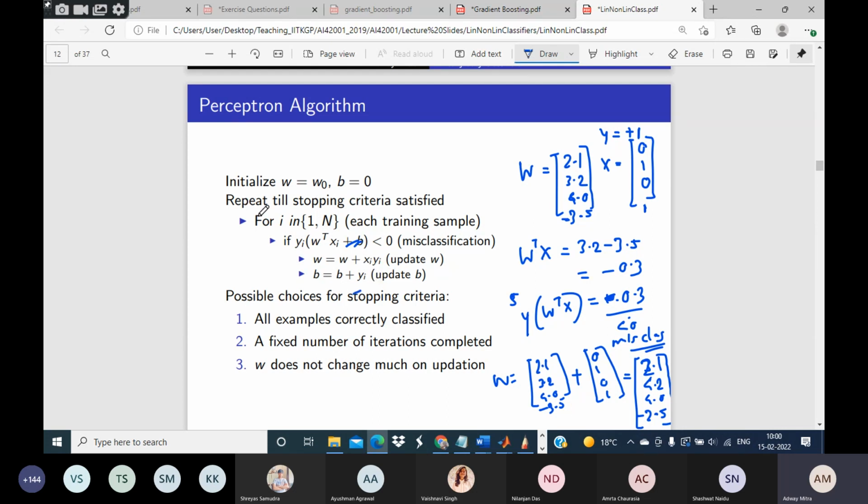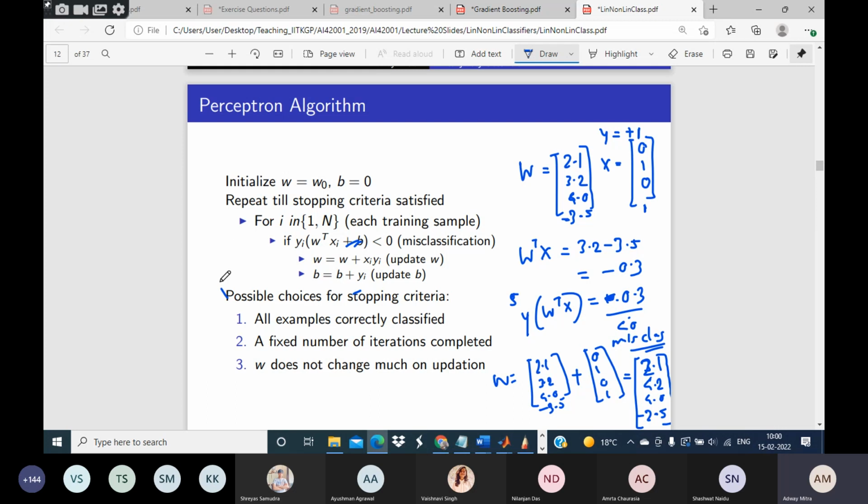Currently W is not equal to W naught, W is something else. So now we have to see whether the current W can classify the first point or not. So again you start from the first point and repeat the process over all the data points. Whenever you see any error, you update W, otherwise you just pass. And then again you repeat it over all the points and so on.